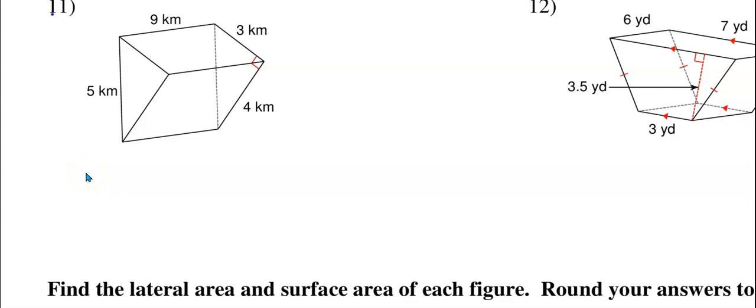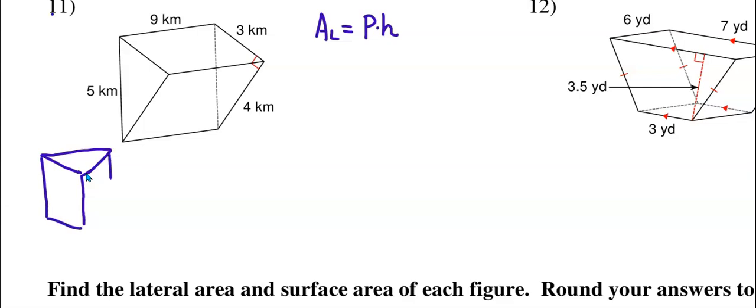All right, this is your homework 11. We're going to find the lateral area first. By this time, I think you're probably really good at this. Lateral area is just P times H, the perimeter times the height of this prism. And if you don't like the prism this way, guess what? You can just rotate it, and you get something that looks like this.